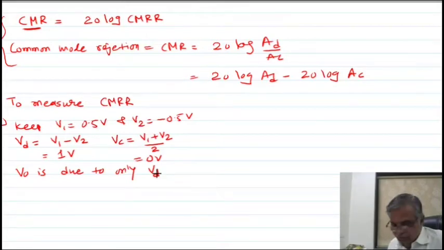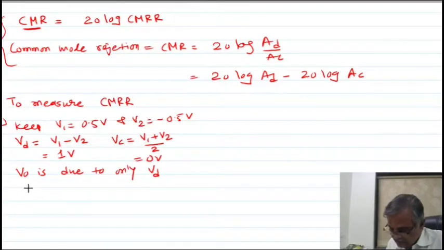So keep the input voltages V1 0.5, V2 minus 0.5, and measure the output. This output is due to only VD, not due to the common mode signal.